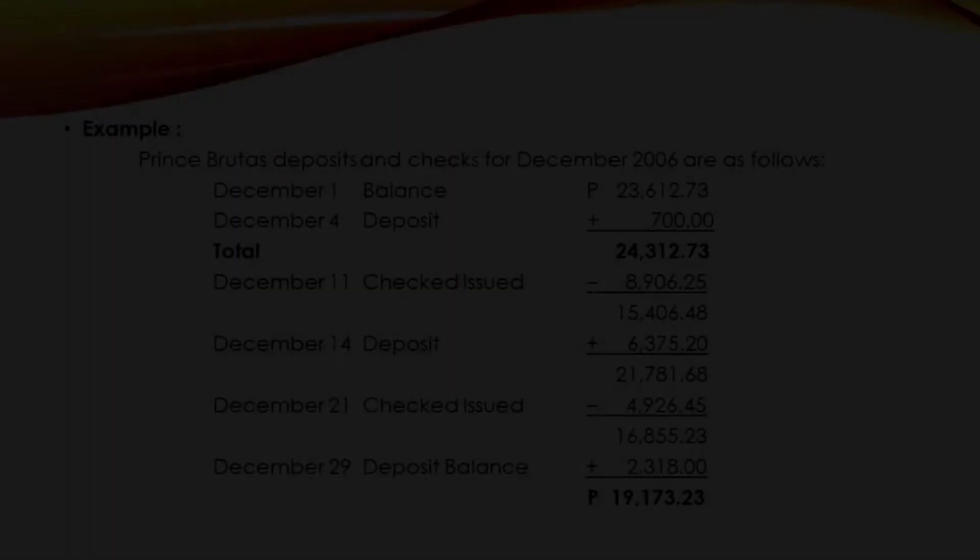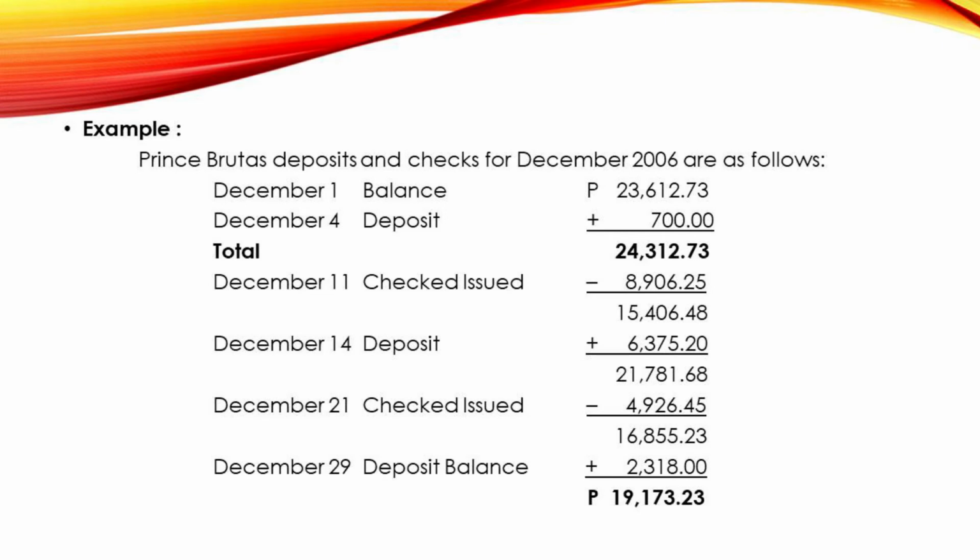Next, for example po class, so Prince Brutus deposits and checks for December 2006 are as follows. So, ito po yung example para po makita po natin yung ating deposits, then yung ating check din po.